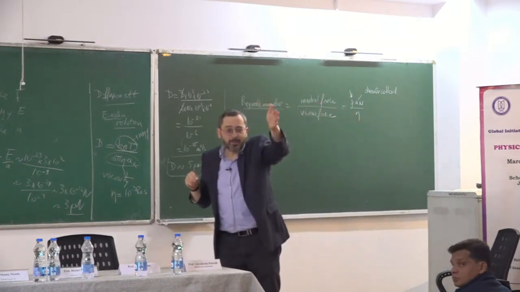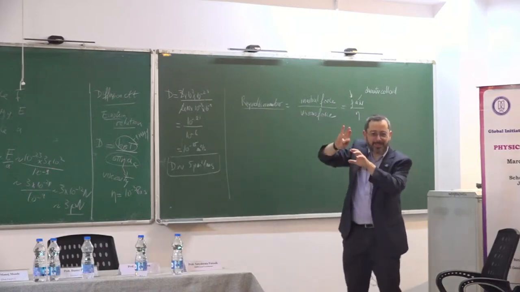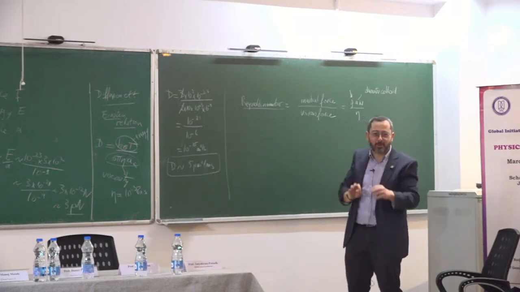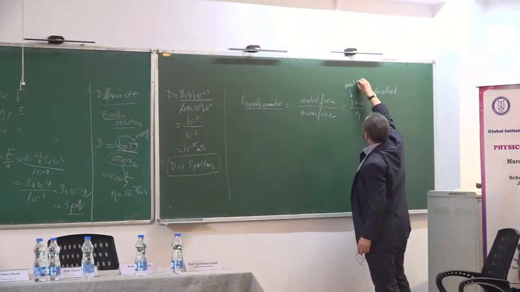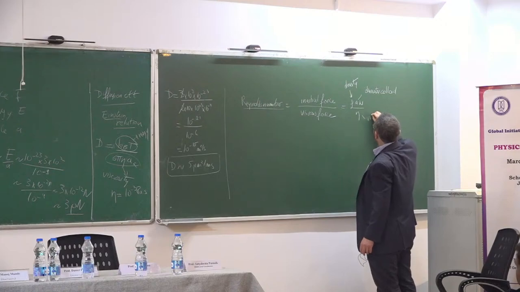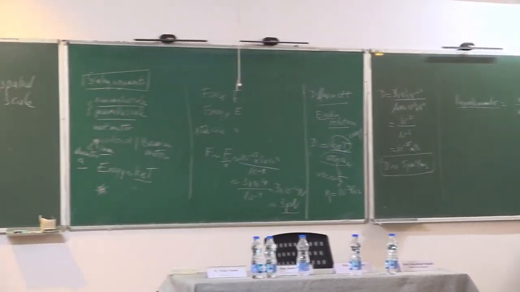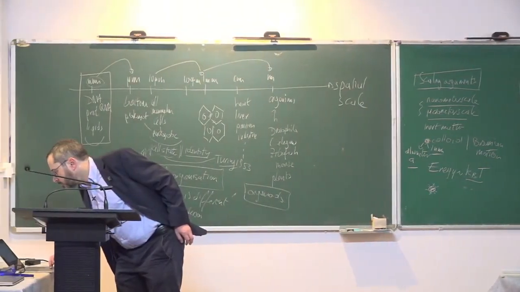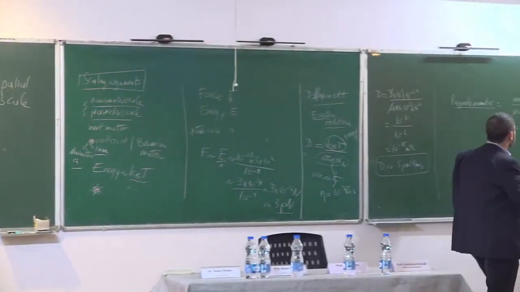I don't know your name yet, but you were talking about density. Do you see that the density is another physical parameter? I agree that both of them meet, but they really have their own autonomy. So this is the density. This is the viscosity. And v is the velocity.